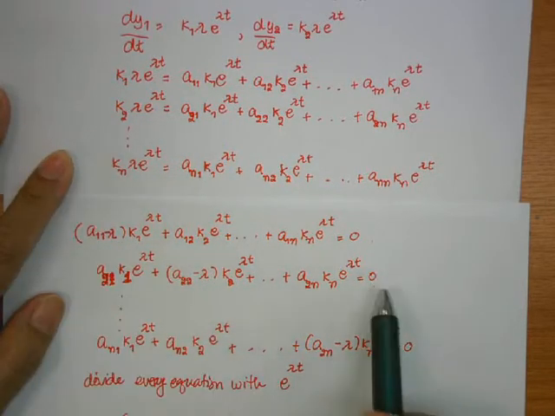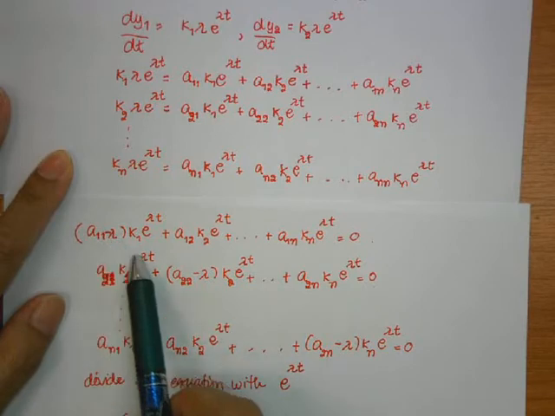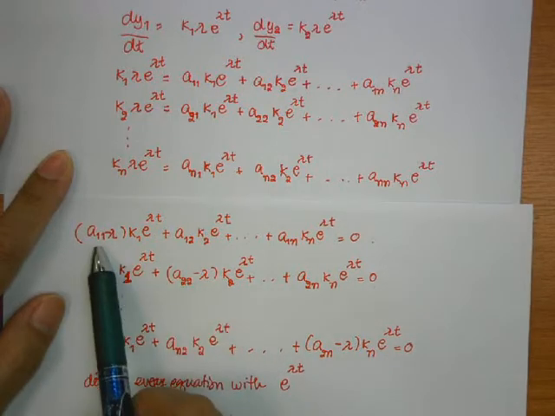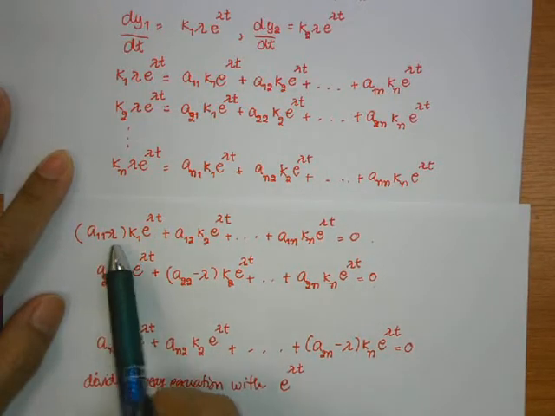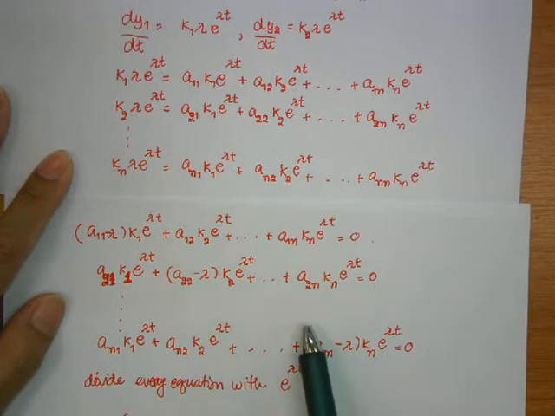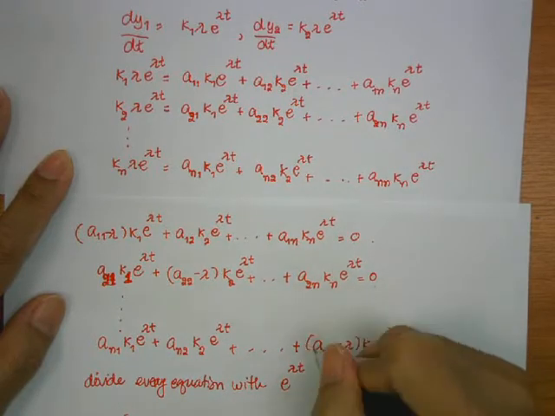And then set it equal to 0. So if you see from here, the terms on the diagonal would be a11 minus lambda, a22 minus lambda, a33 minus lambda, a44 minus lambda, and the last term is ann minus lambda.